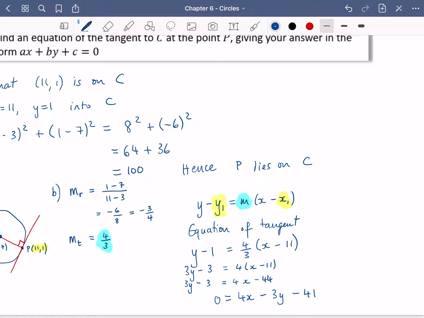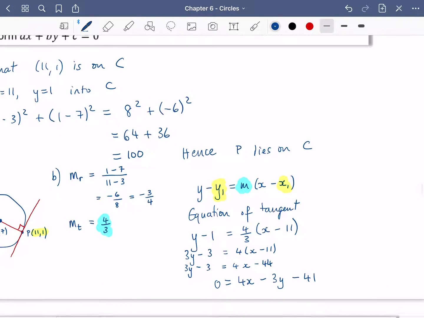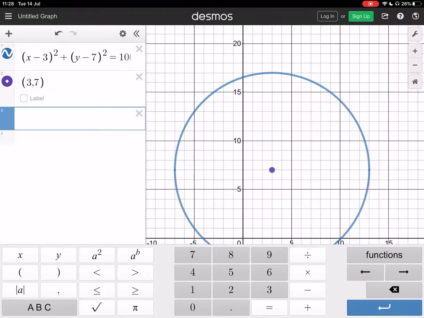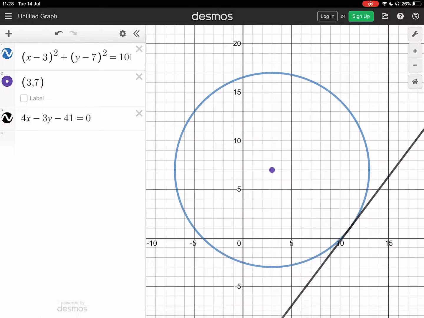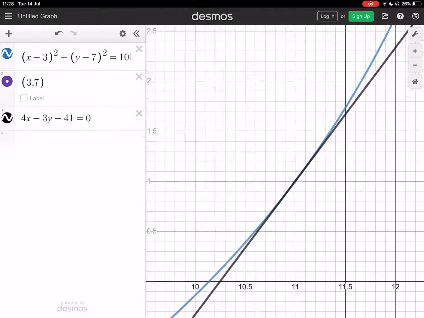Now let's actually see if this is true by going on to Desmos. So if I go to Desmos, let me just quickly remind myself: what's 4x minus 3y minus 41? I've already prepared this, and I'm now going to say 4x minus 3y minus 41 equals 0. Okay, great. Looks like we've got a tangent here. That was the center of the circle, and let's see if they are meeting at 11, 1.